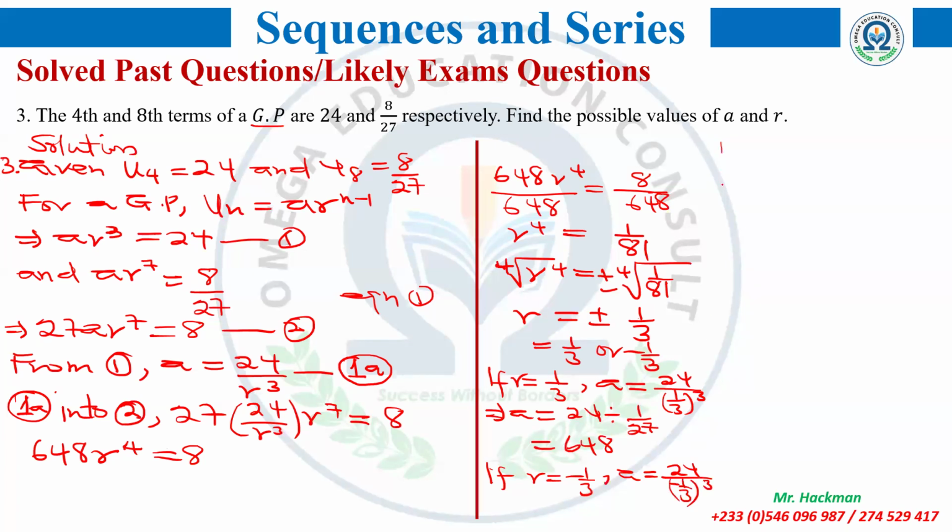So if you continue, here we are going to get A equal to 24 divided by -1/27, which will give us -648. Am I right?